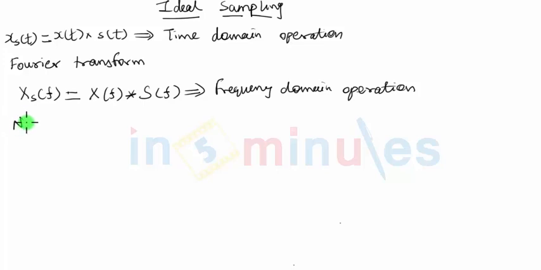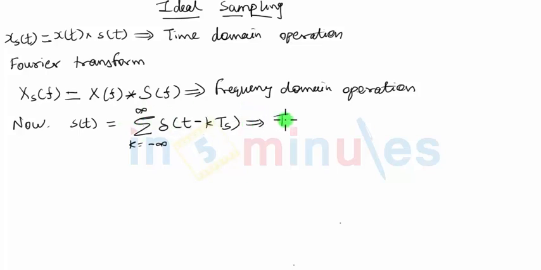Now let us write down the mathematical representation of s of t. It's a sampling signal. It's a train of impulses. A train of impulses can be written as summation of delta of t minus kTs, where k will vary from minus infinity to plus infinity. You can verify this mathematical representation. It's called a train of impulses in the time domain. If I put k equal to 0, then I get delta t, which is the impulse at the origin.